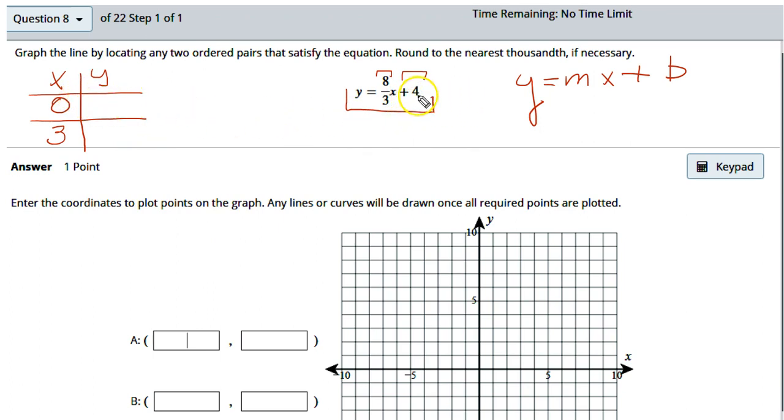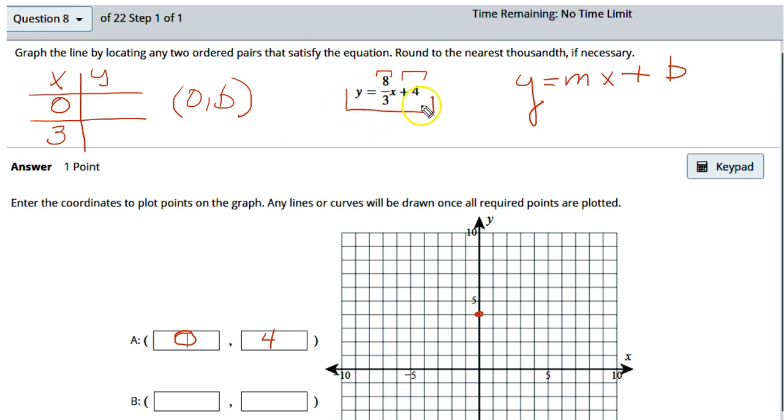Now, what is the coordinate of the y-intercept, the b? Well, when it was in this form, 0, b, well, our b is 4. So one of the points would be 0 and then 4. That gives you 1 point, which is right there.